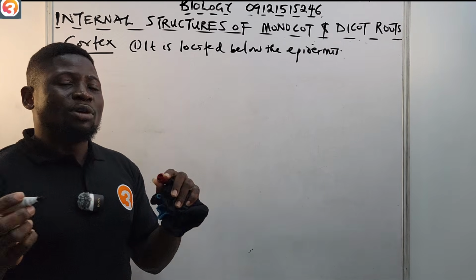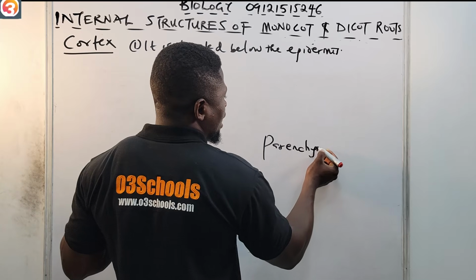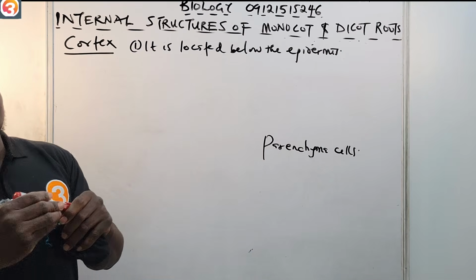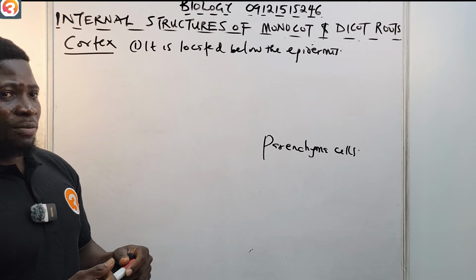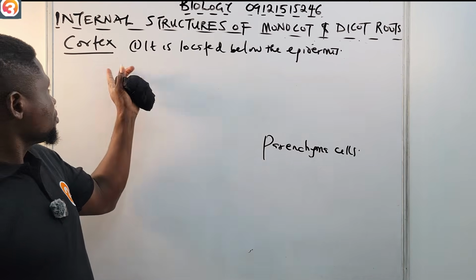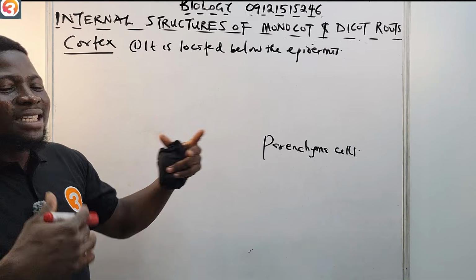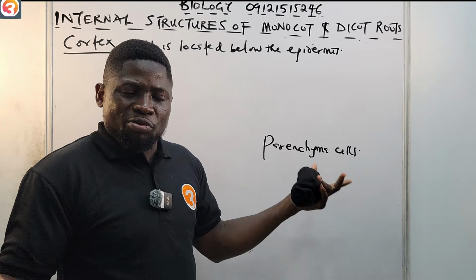Number two, the cortex is made up of parenchymal cells. From the introduction to supporting tissue, we said that parenchymal cells have large intercellular spaces. So because this cortex has parenchymatous cells, it will definitely also have large intercellular spaces within them.